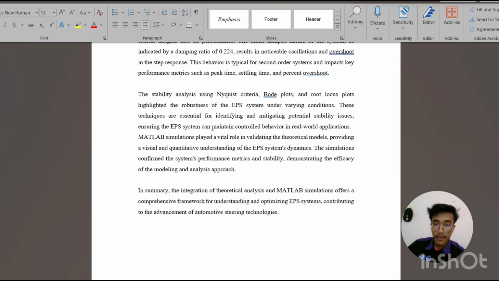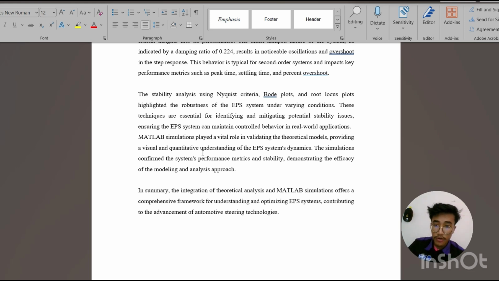These techniques are essential for identifying and mitigating potential stability issues, ensuring the EPS system can maintain controlled behavior in real-world applications. MATLAB simulations play a vital role in validating the theoretical models, providing a visual and quantitative understanding of the EPS system dynamics.